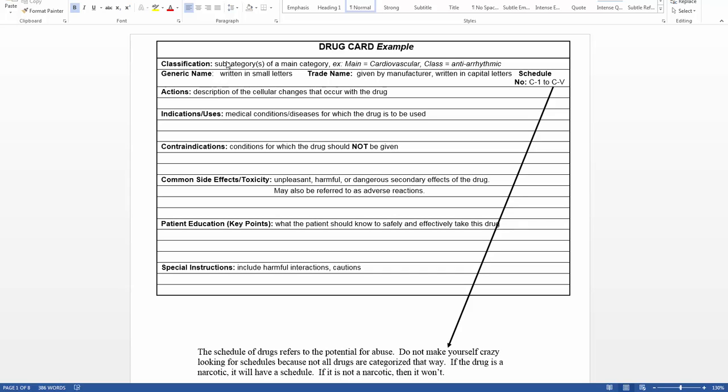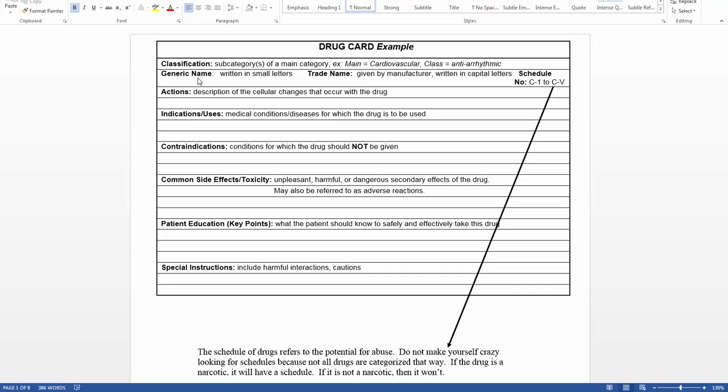Zocor is for cholesterol. Tylenol is an analgesic for a pain medication. So if you can find the classification, you'll need to put that down in there to tell you what kind of medication it is.